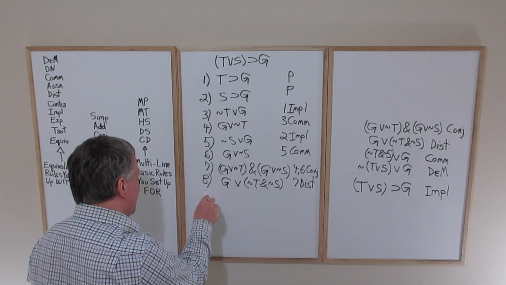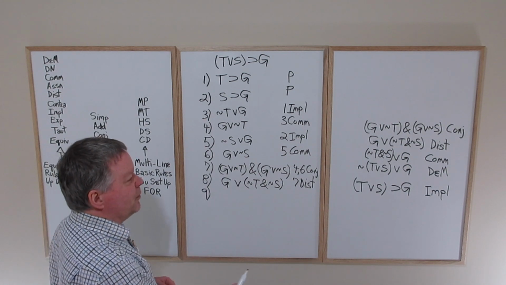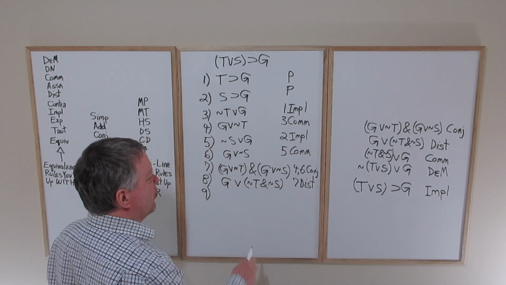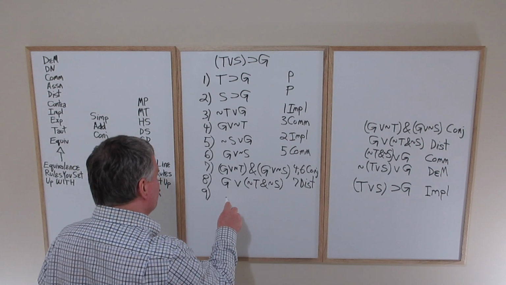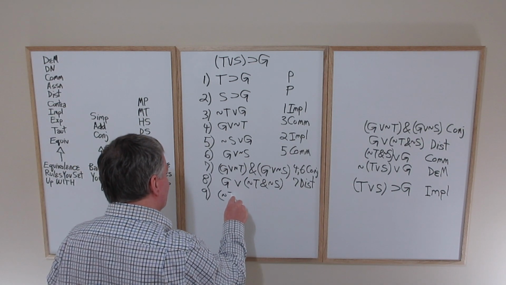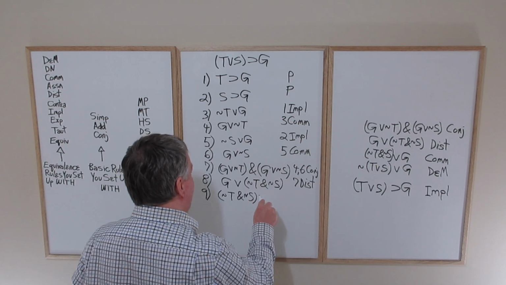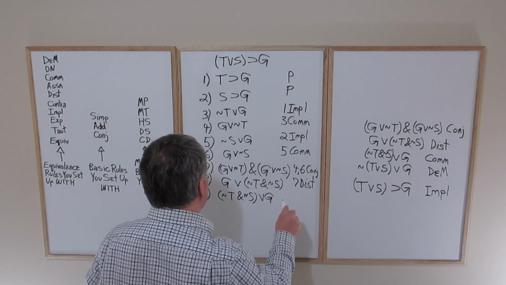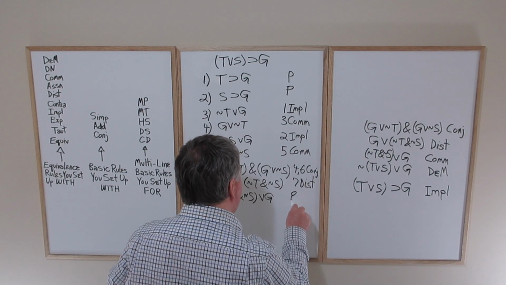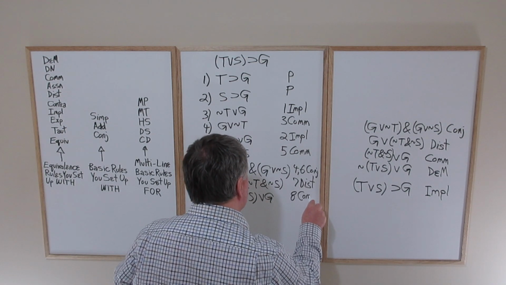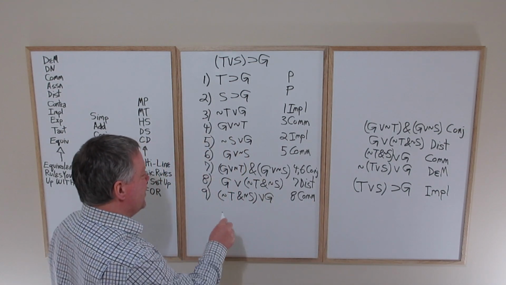Distribution. Then, as planned, because we're aiming for that conditional, tilde T and tilde S or G is going to be 8 commutation.